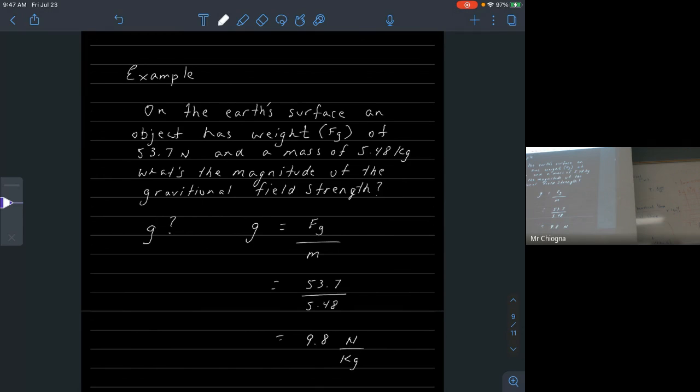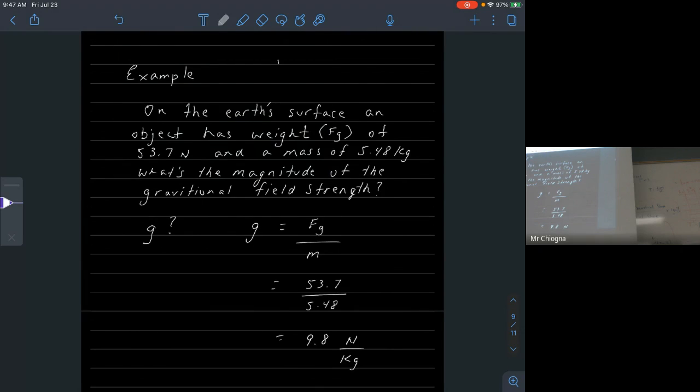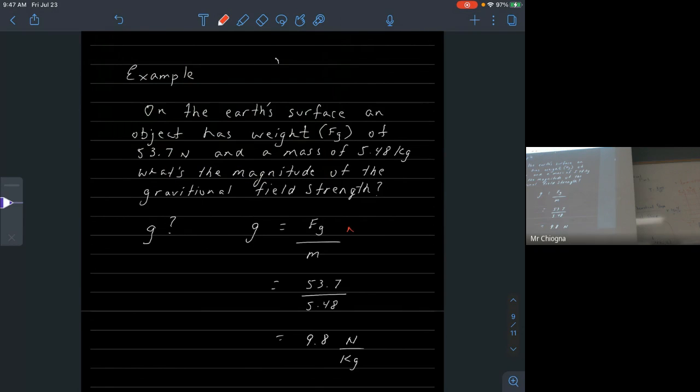The unit here is newtons, the unit here is kilograms.